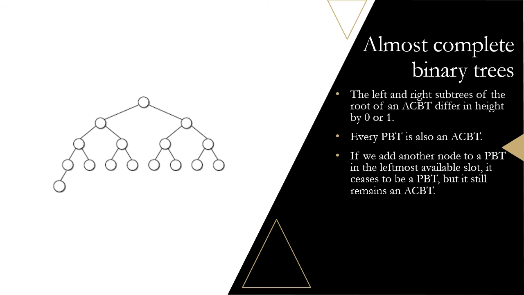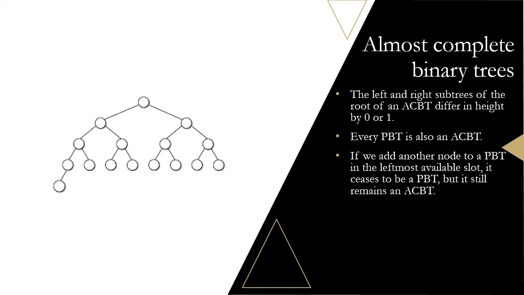If we add another node to a perfect binary tree in the leftmost available slot, it ceases to be a perfect binary tree, but it still remains an almost complete binary tree. So after this addition, we don't have a perfect binary tree. But now if you look at the left subtree of the root, the height is 4.